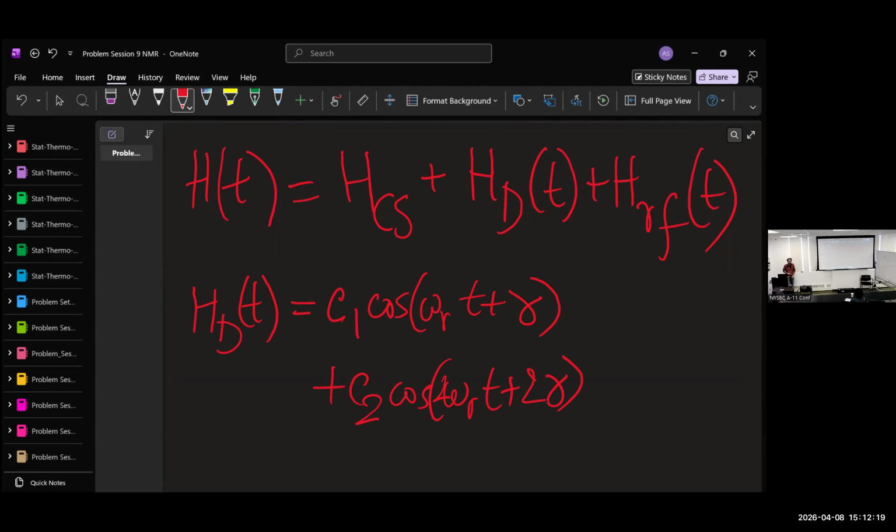You have a second rank tensor, which gives you a component at omega r and a component at 2 omega r. That's necessarily always the case with any second rank tensor. You have the space part and the spin part, which for a heteronuclear case is what? The spin part of the dipolar Hamiltonian is the nuclear I and S.